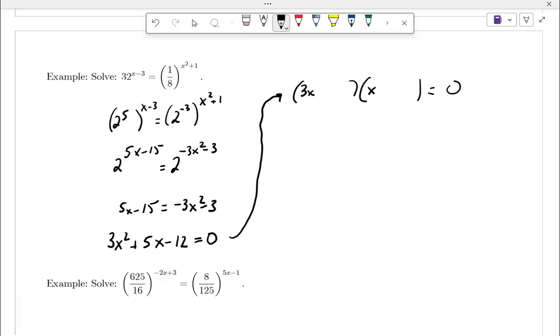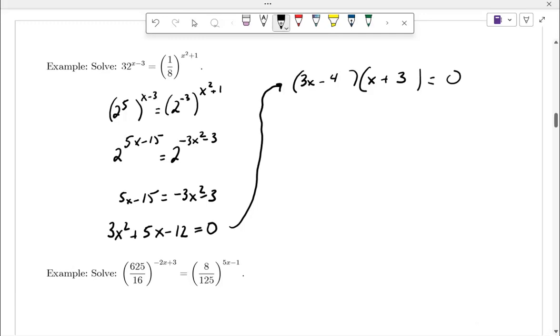I think you can use a -4 and a +3 will work. Not to spend too much time on the factoring, but then I'll have a +9 and a -4.